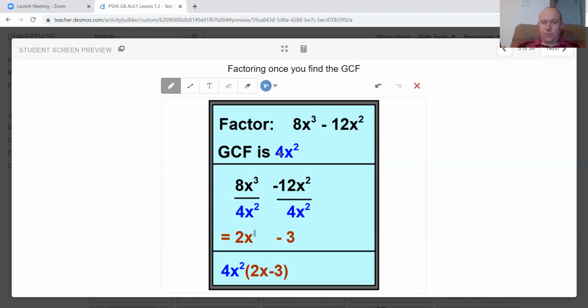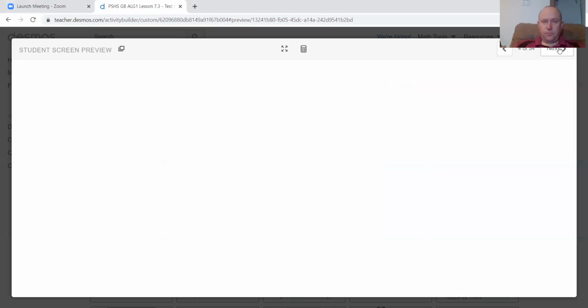So 3 take away 2 is 1. And as it's 1, we don't need to actually put anything there at all. Negative 12 divided by 4 is negative 3. And x squared divided by x squared, as it's the same, that will just cancel out. And there's your first factor, the GCF. And then this is the second factor. And we put it in parentheses to show that we're multiplying both of these terms by the 4x squared.